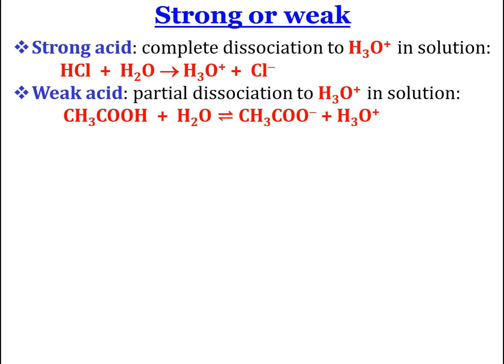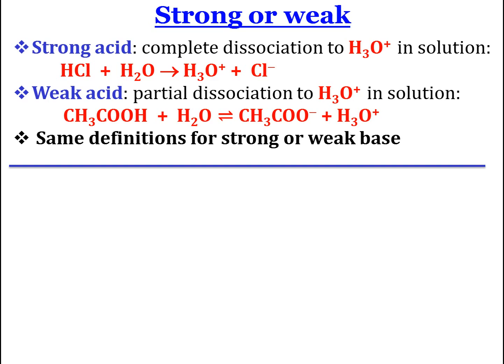When the dissociation is partial to H3O+ in solution, the acid is weak. CH3COOH + H2O dissociates partially to acetate and H3O+, so acetic acid is a weak acid. In other words, the strong acid is a strong electrolyte, and the weak acid is a weak electrolyte.